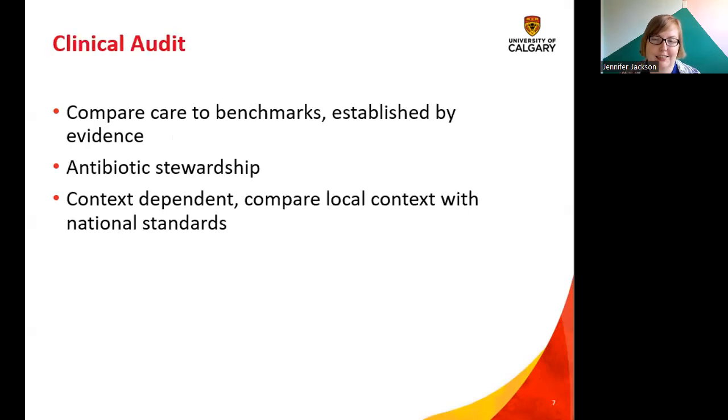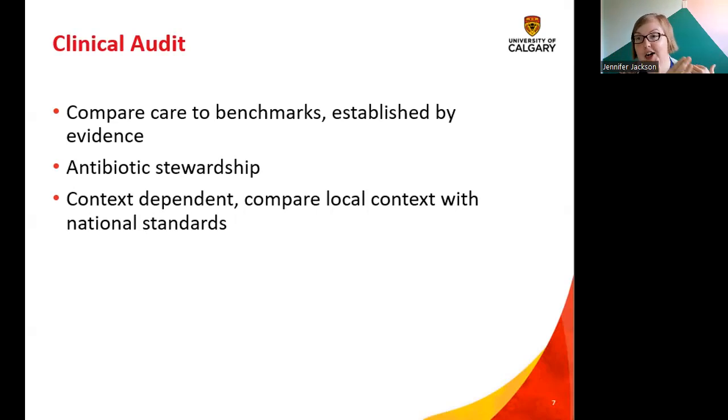So in contrast, a clinical audit is when we compare care in a specific context with an external objective standard. This might be a national standard, guidelines from Health Canada, NIH, CIHR, NIHR, NICE, whatever organization applies.